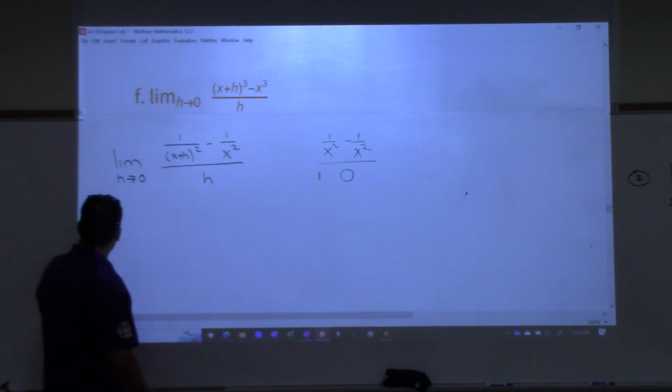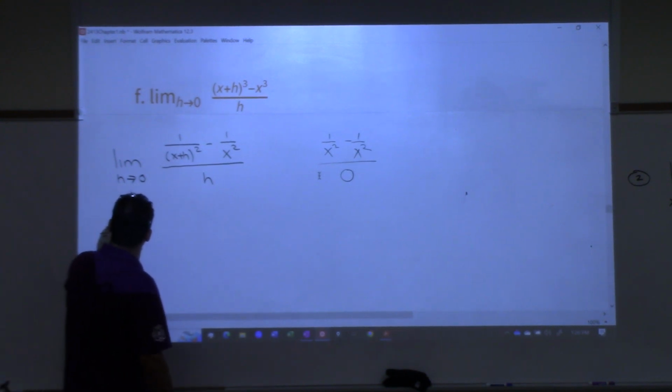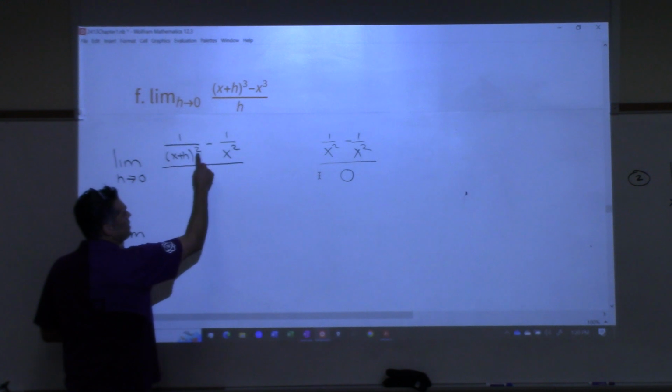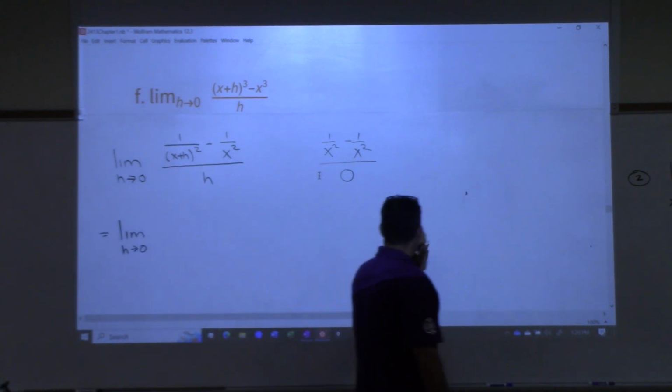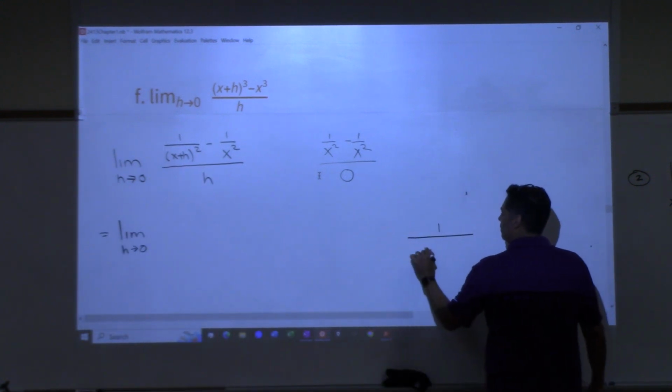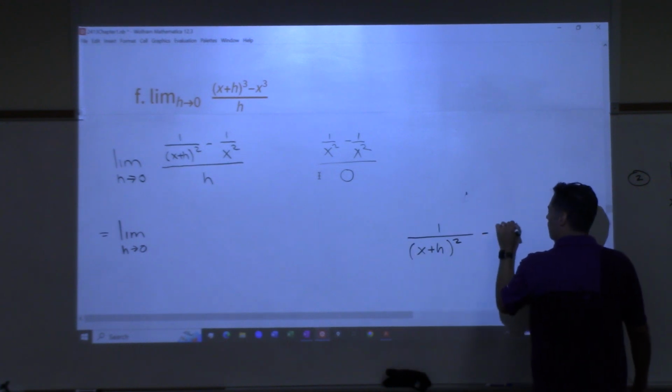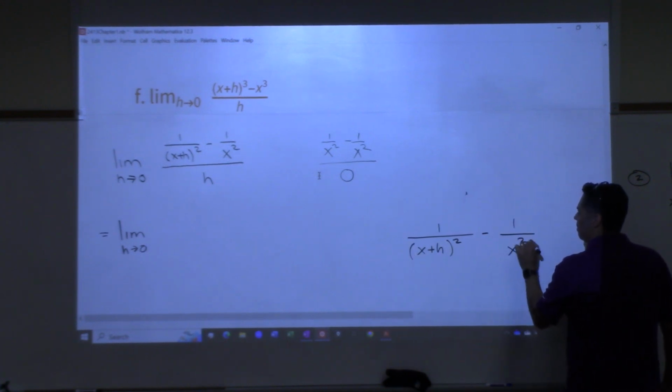And I told you a second ago and last class that whenever you have fractions, try and put them together. Get common denominators. So I'm going to get a common denominator between these two. I'll do that over here, scratch work. I'll come back over there in a second. I'm just working with that top.